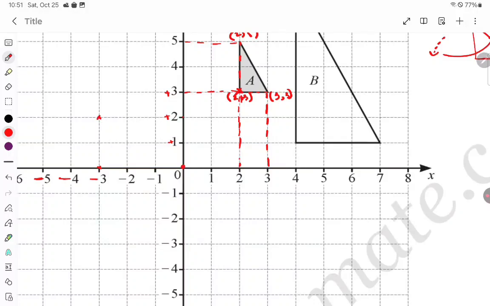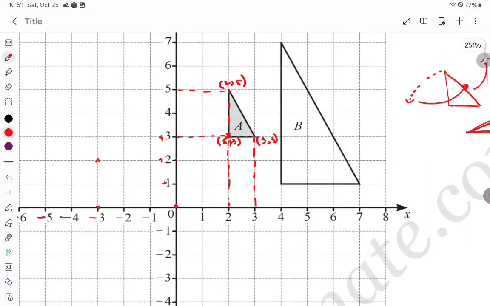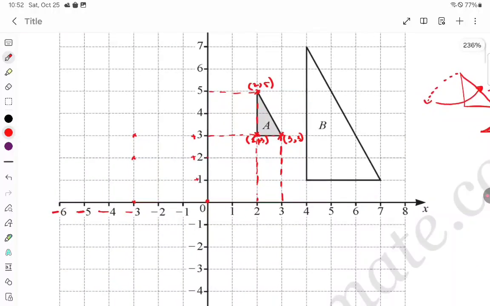For the second point, x is 3, y is 3. It doesn't matter if we shift the x or y because both are the same values. And for the last point right here, now the x will become 5 and the y will become 2.